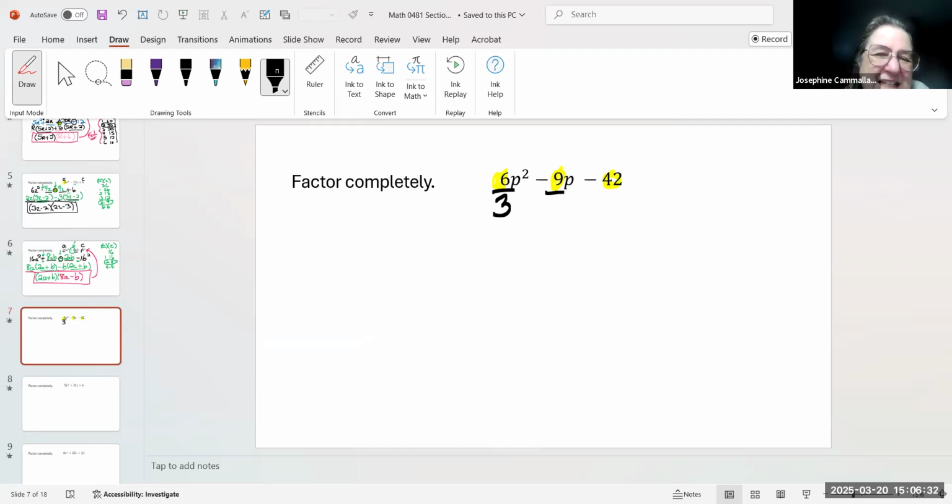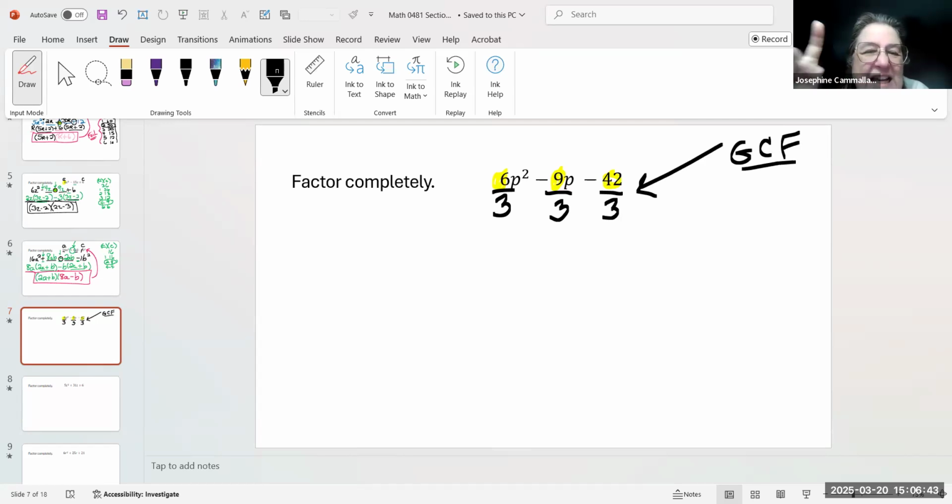If I divide each of these terms by 3, I have a GCF. I've got to take it out, which means this is 3, and now I have the brackets.